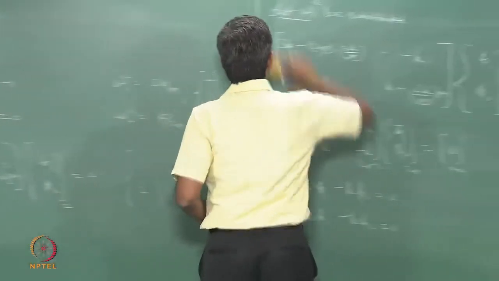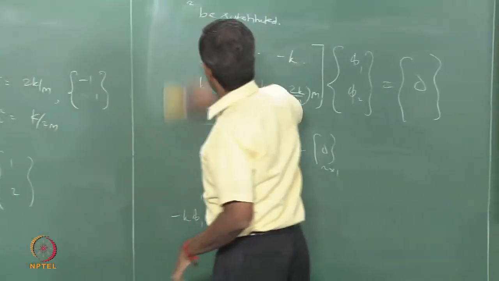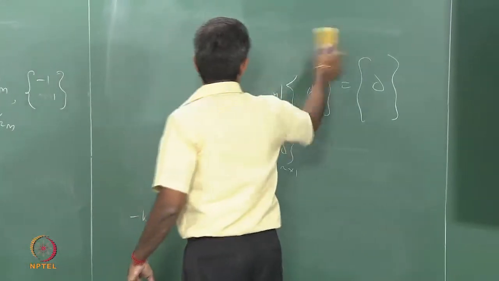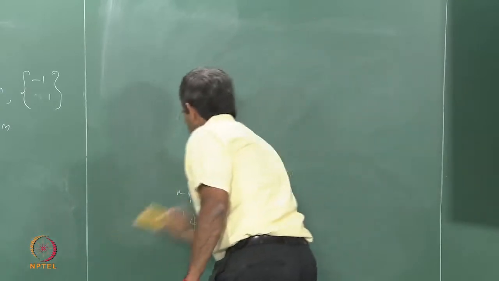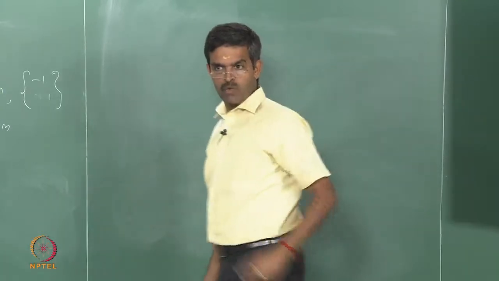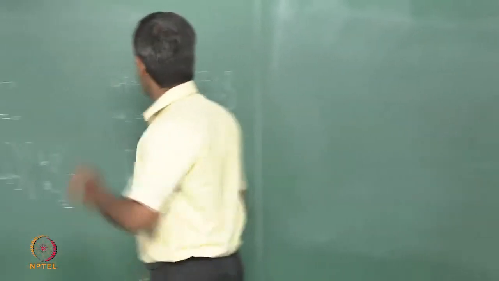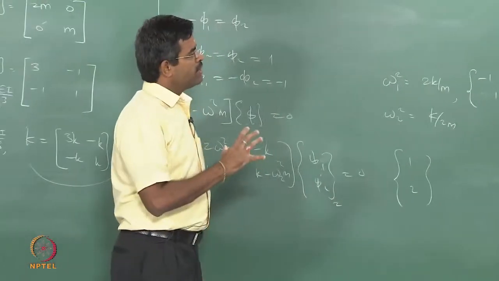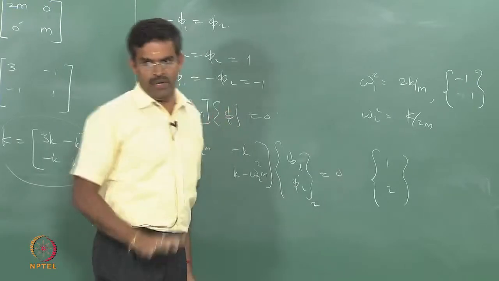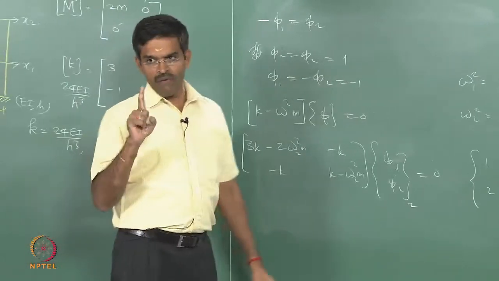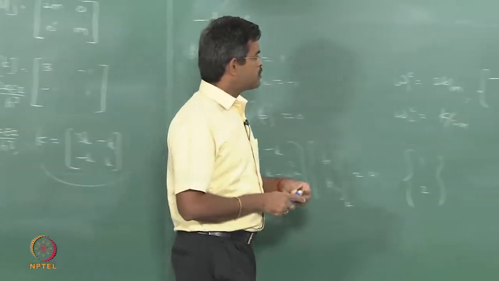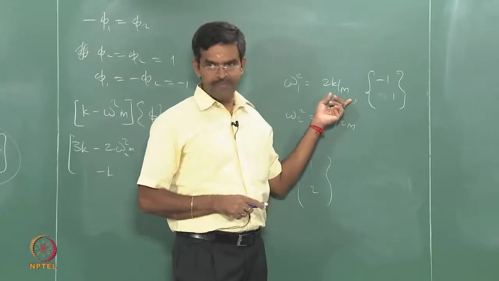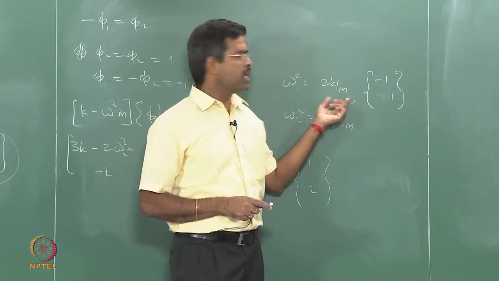Now, let us try to find out which is my fundamental frequency. There are two ways of finding out this. Please understand this very carefully. This is the point where very intrinsic discussion and understanding is required. One way of finding out this is, you substitute the value of k and m, if you know, get the numeric value.